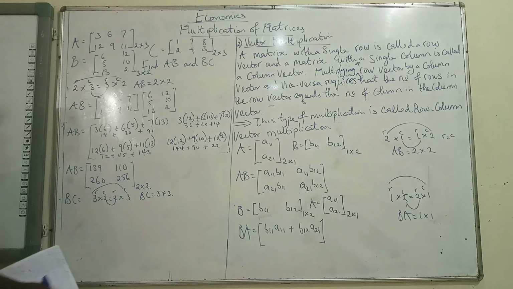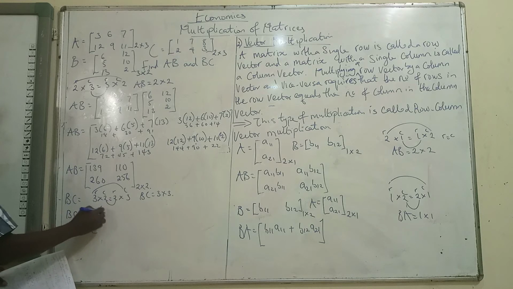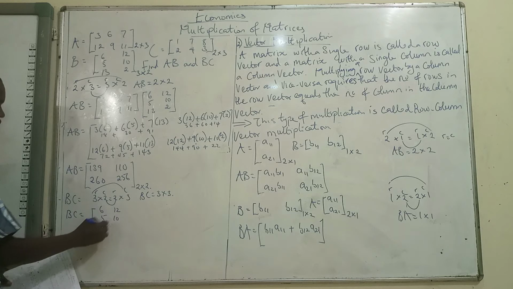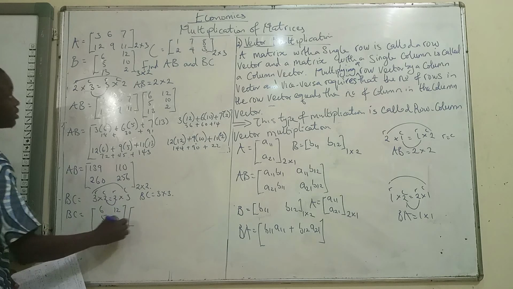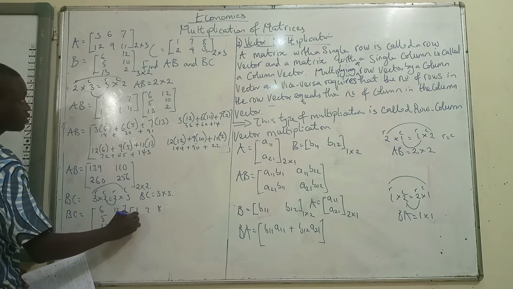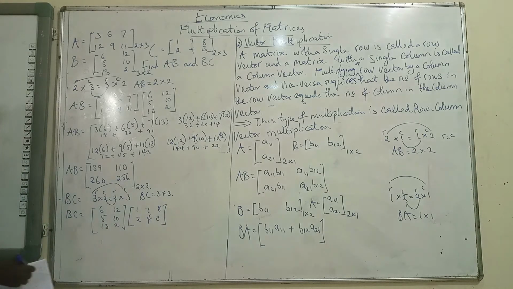Now, by the time we start multiplying, BC is going to be, what is B? B is 6, 12, 5, 10, 13, 2, right? Then C is 1, 7, 8 and 2, 4, 3.